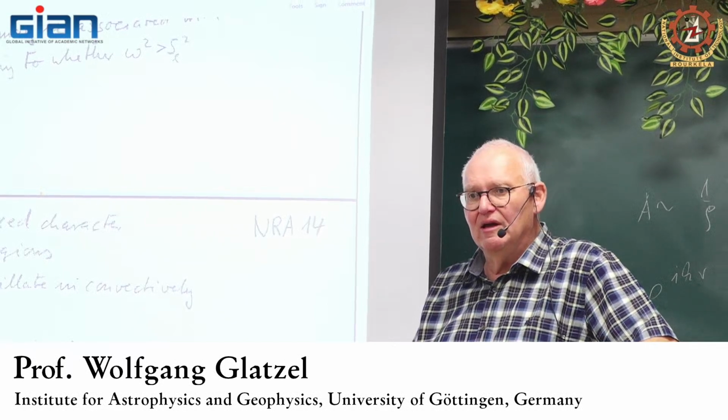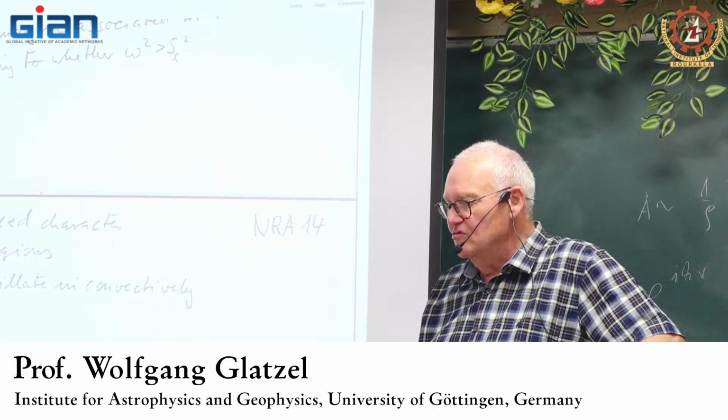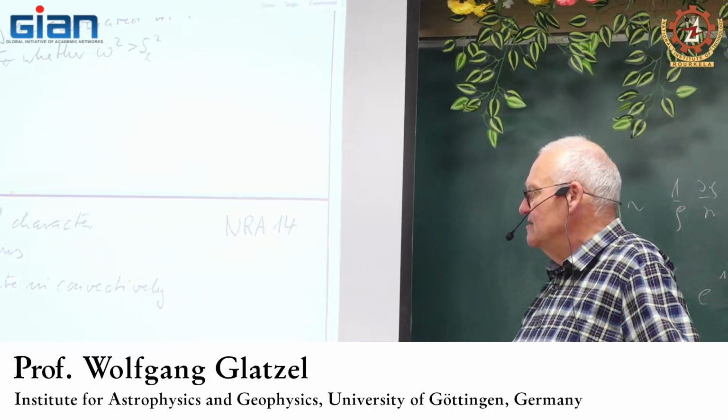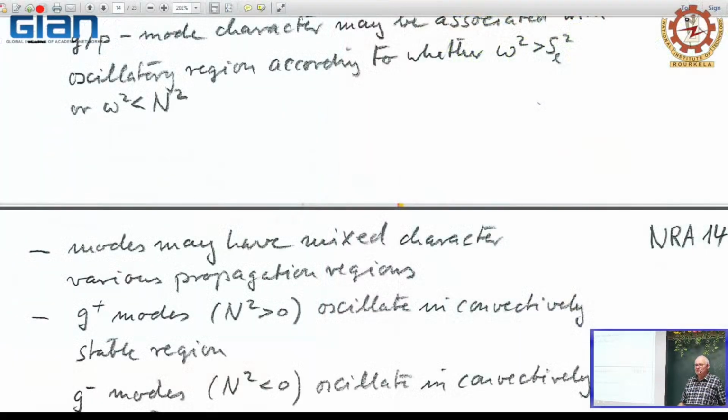We can fill in the nodes to construct standing G modes, but in between we have a domain where we can have both a P mode oscillatory region and a G mode oscillatory region at the same time for a mode.